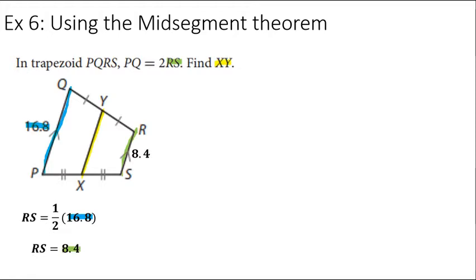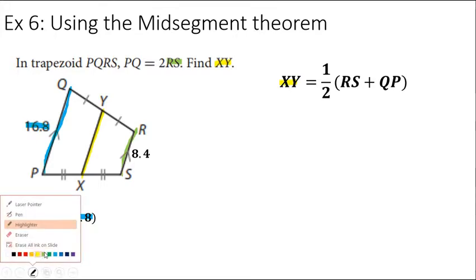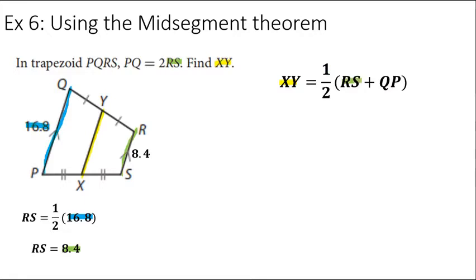Now when we solve it using the midsegment theorem, here we have XY. Remember, the midsegment is equal to half of RS plus QP. So we just substitute the values.